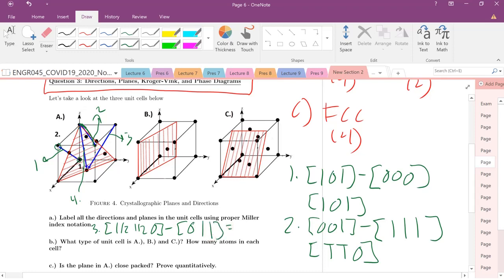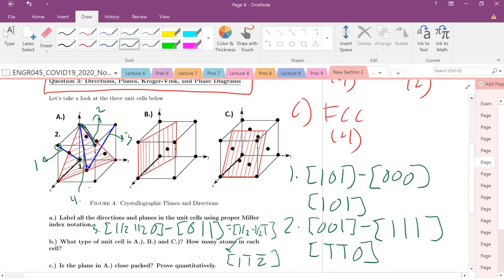So 1 half minus 0 is going to be a half. 1 half minus 1 is going to be minus a half. And then 0 minus 1 is going to be minus 1 half. So we need to multiply this out in order to get to our proper notation here. So multiplying by 2, we are going to have 1, 1 bar, 2 bar. So that's our direction there.